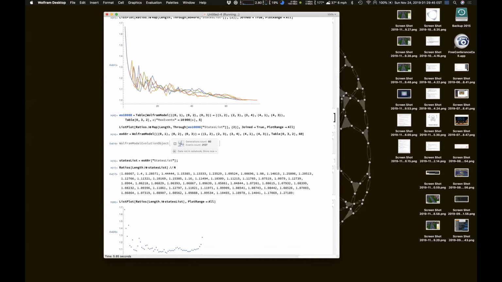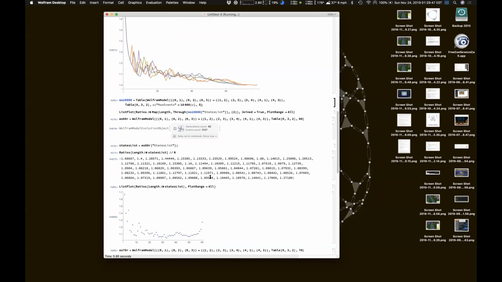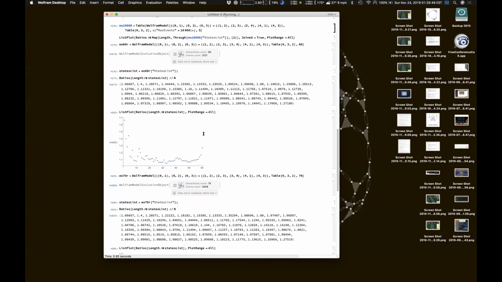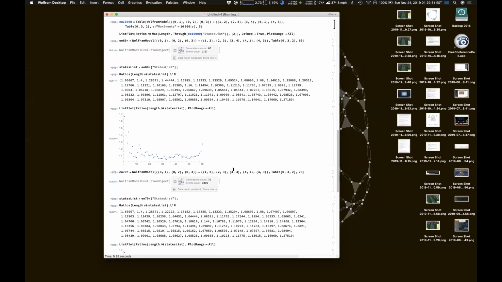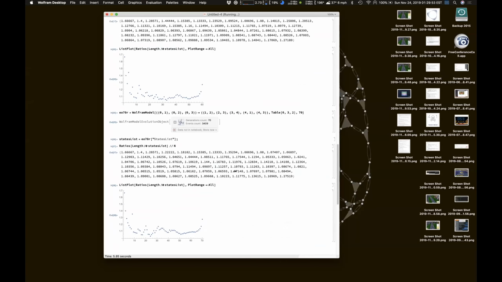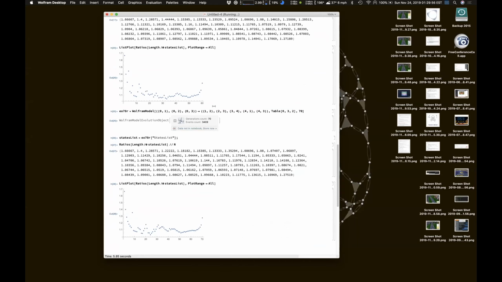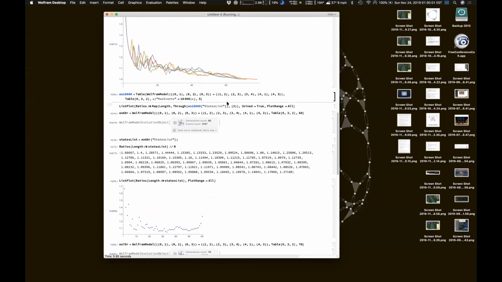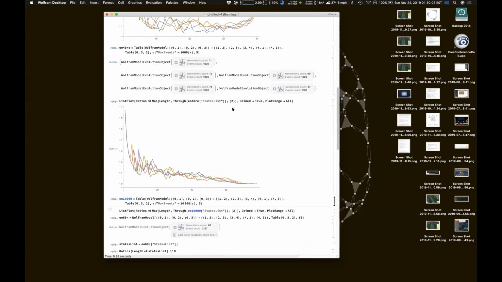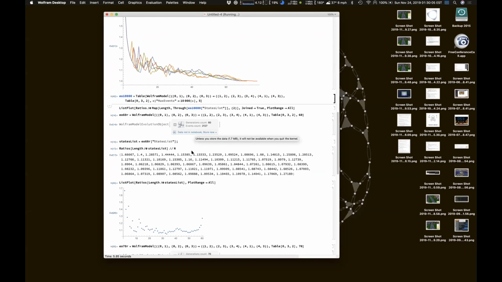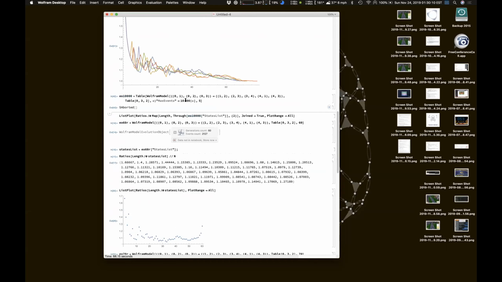What is that thing down at the bottom there? Well, it's pretty much the same thing, but for 60 steps. The ratios. Okay, that's probably too many. Let's go back to my machine for a bit and just look at this.